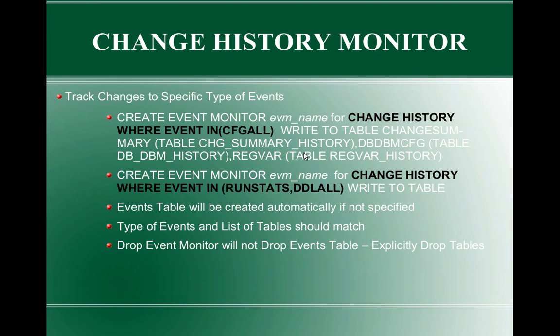There won't be any errors, but you will not know what that change is. See, the change summary table will only tell you a registry variable was changed. What variable was changed, what is the old value, what is the new value, it will not have. For that you have to go to this registry variable table. Hence the type of events and the list of tables should match, otherwise you will be having missing information.